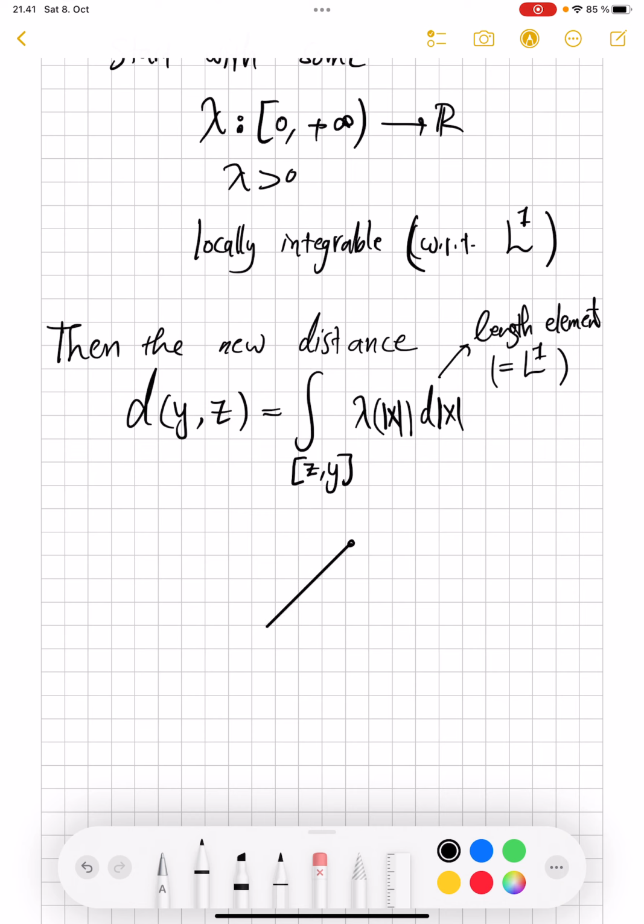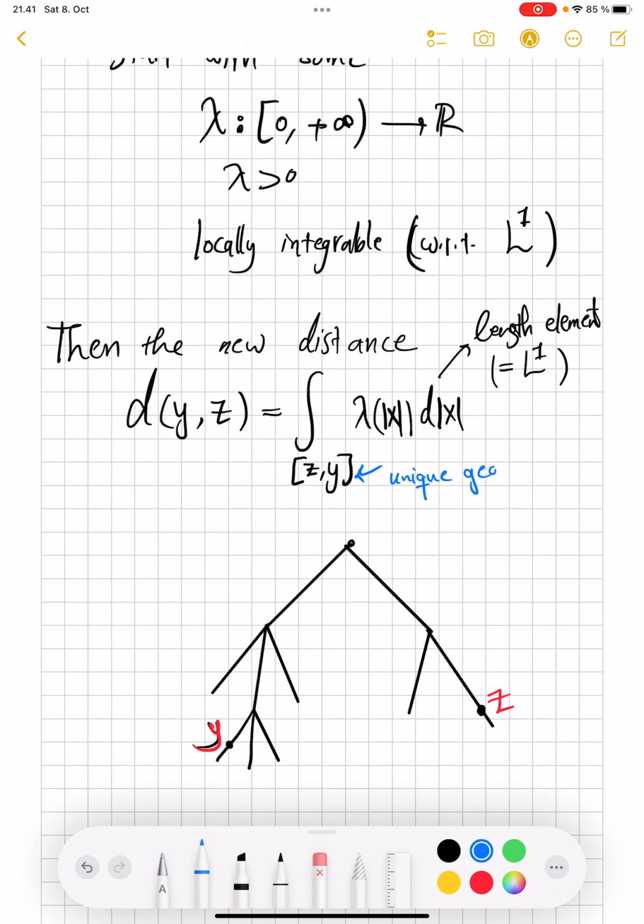So you have this, say, and then you have further subdivision. Suppose your y is here, and your z is here. So the unique geodesic, there is always a geodesic, in the previous distance.